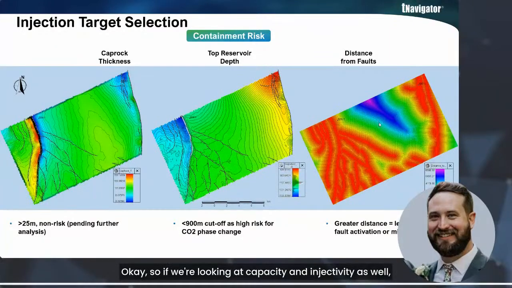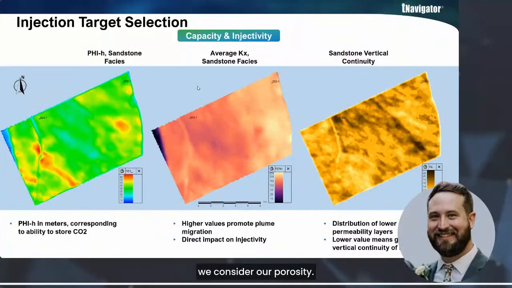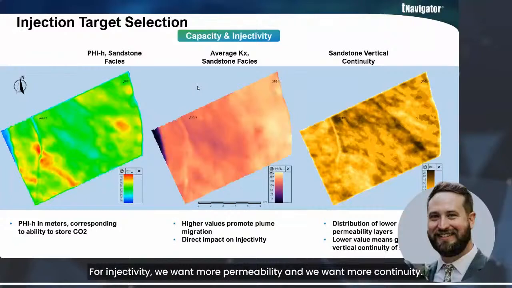Okay, if we're looking at capacity and injectivity as well, we considered our porosity. Obviously, we want higher pore volume, so we're just looking at a map of phi H, which would correspond to the ability to inject that CO2. For injectivity, we want more permeability and more continuity.